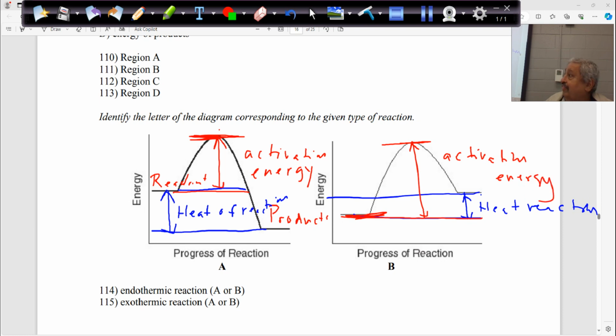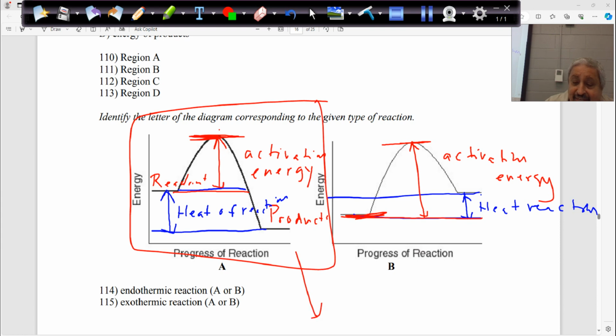Anytime I have the product, an exothermic reaction will always stabilize the system because it releases what? Exothermic is giving away its what? Its heat. Heat will be given off. So if that's the case, this one here will be exothermic because the products are lower, correct?